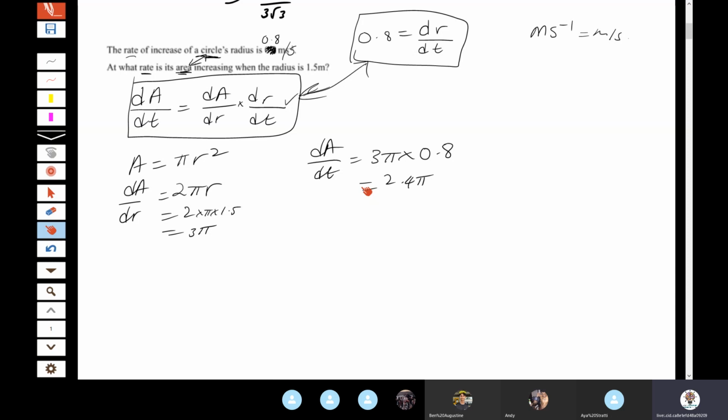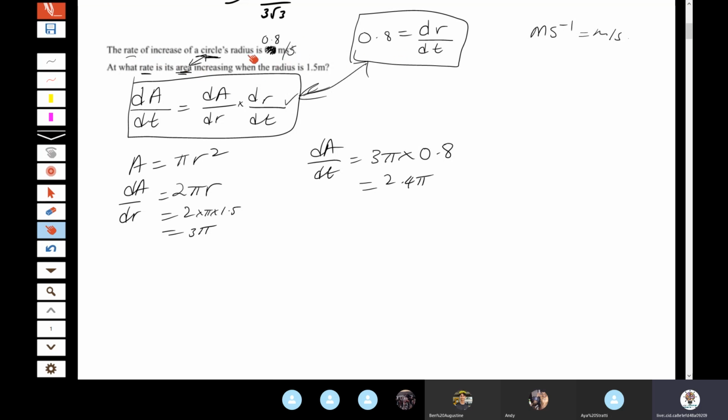You will have, at what rate? The question says the rate of increase, blah, blah, blah. Okay, fair enough. You'll just read it like, yeah, okay, cool. And then at what rate is this area increasing? Okay, I don't get what to do. Instead of reading it like that, when you see rate, you're like, all right, that's already differentiation.